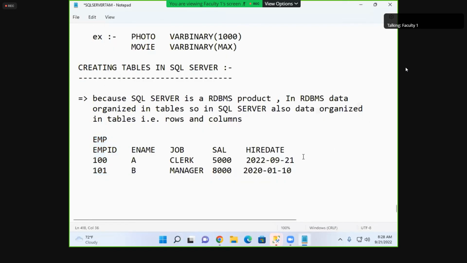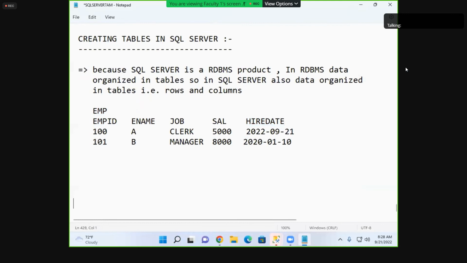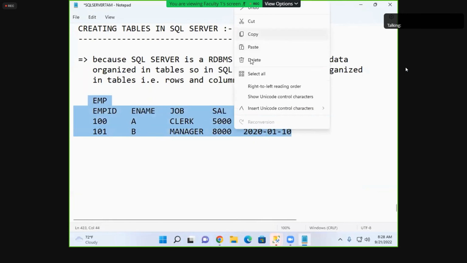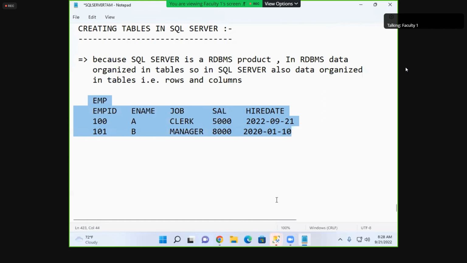So, what are these verticals called? The verticals are called columns.